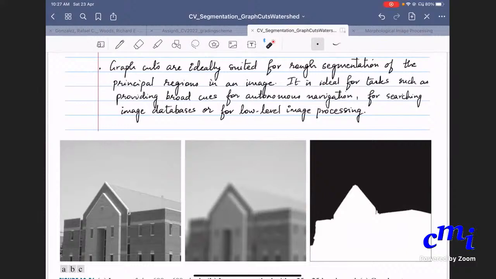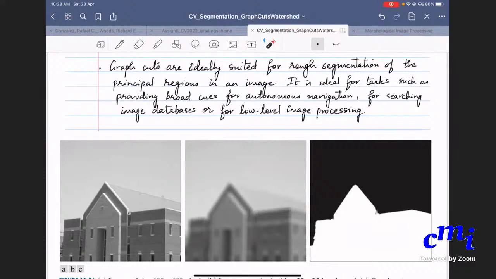If you want to segment an image containing blood cells or something, maybe that is not a suitable place. But if you have scenes where you want to just segment out the main things seen in the image, maybe cars on a road, so there are just two principal objects, the cars and the road, then graph cuts is suitable.